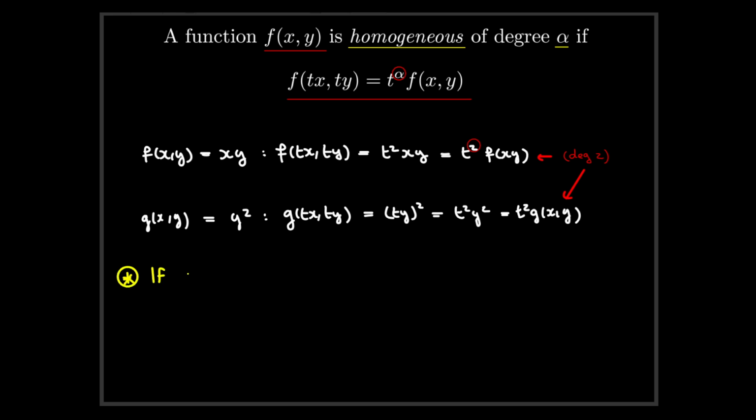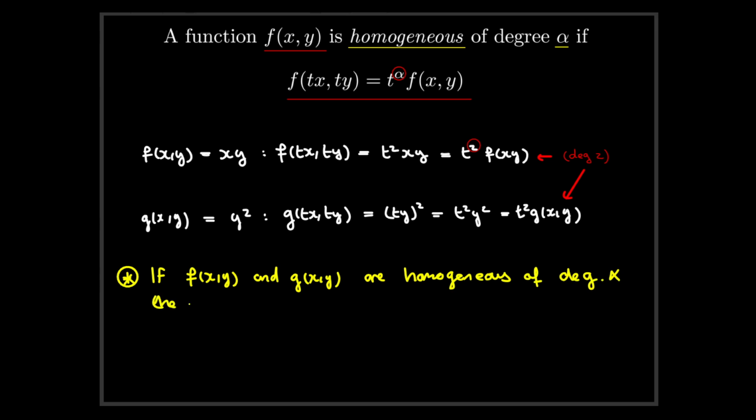If f of xy and g of xy are homogeneous of degree alpha, then so is their sum. So that's the concept of a homogeneous function and a basic property about them.